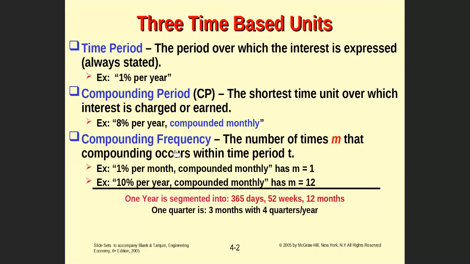How many months appear in the year? 12. If the time period and the compounding period are equal, usually M will be equal to 1. But if they are different, like in this case, where the time period is per year and the compounding is per month, the relation is how many months appear per year, so M equals 12.